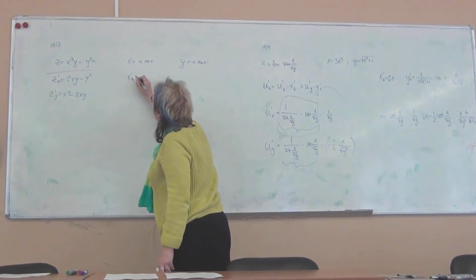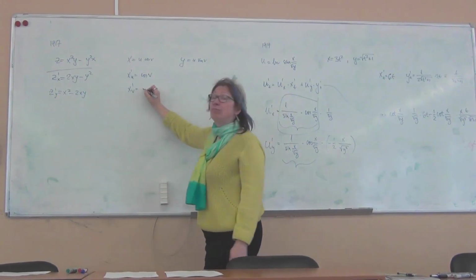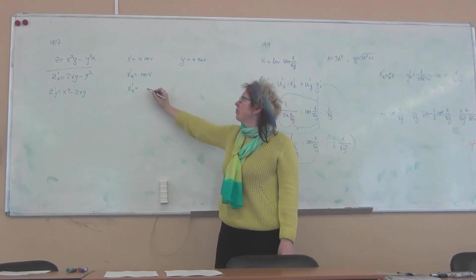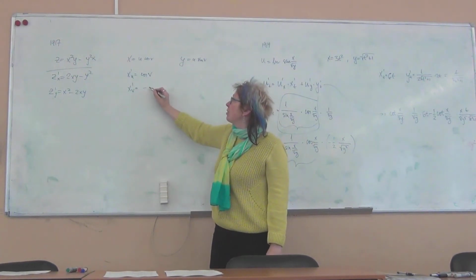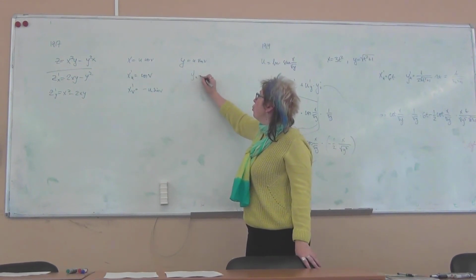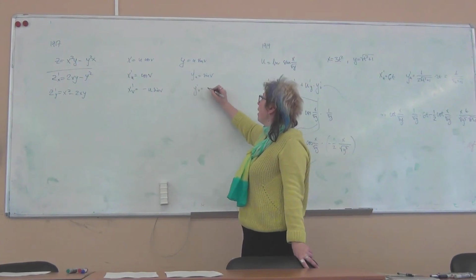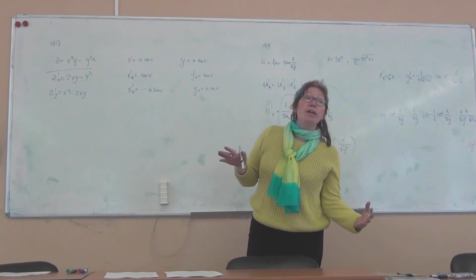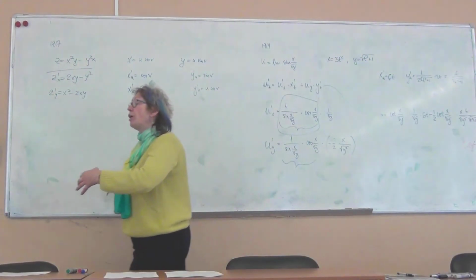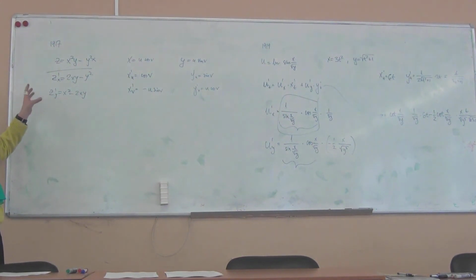Okay, x derivative by u is simply cosine v, x derivative by v, the derivative of cosine, minus u sine v. Y derivative by u is simply sine v, y derivative by v is u cosine v. And now all we have to do is simply put everything together. Now you have the parts, and you have to put the parts into that construction.